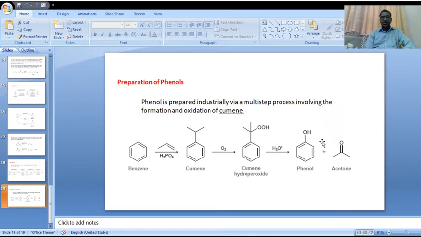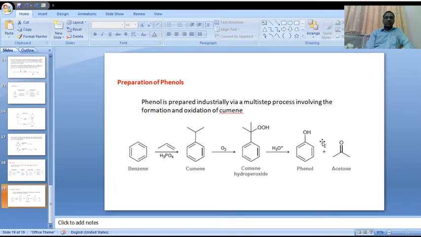In the last class, we covered preparations of alcohols and phenols. Some of the preparations of phenols were covered in the last class.